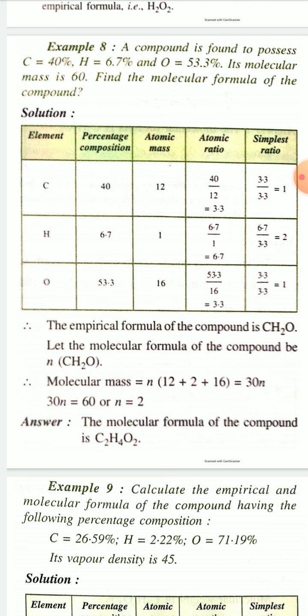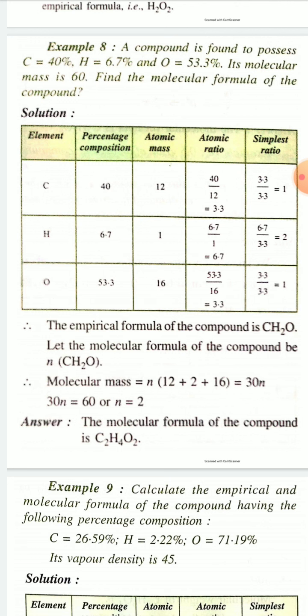So the value of n is equal to molecular mass divided by empirical formula weight. So value of n becomes 60 divided by 30, that is 2.